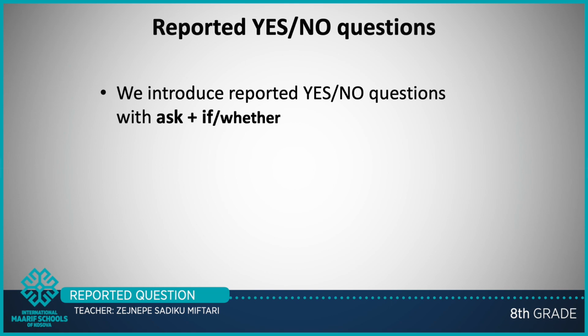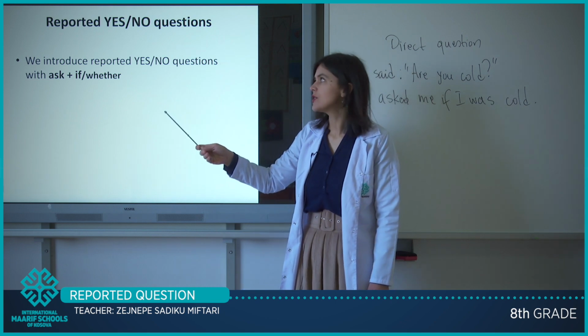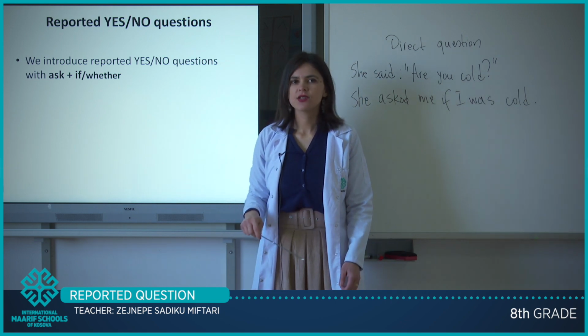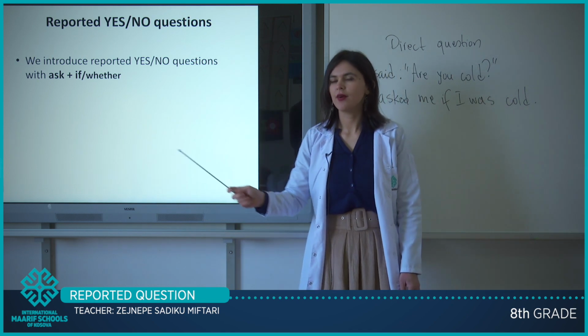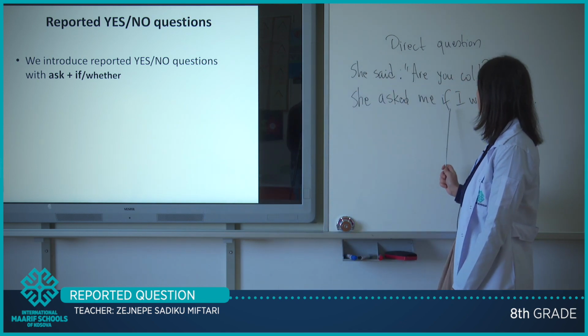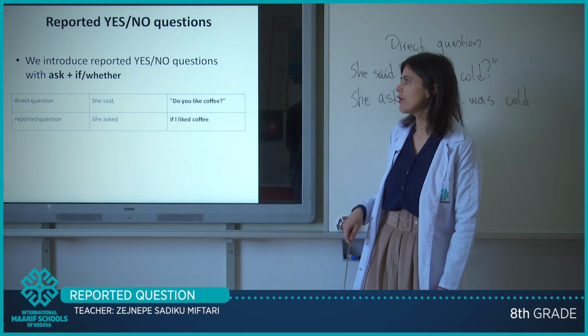We have three groups of questions if we want to report direct questions. The first group is reported yes-no questions. We introduce reported yes-no questions with ask, so the verb asked, and if or whether. So she asked me if I was cold, and we backshift the tense of the verb.